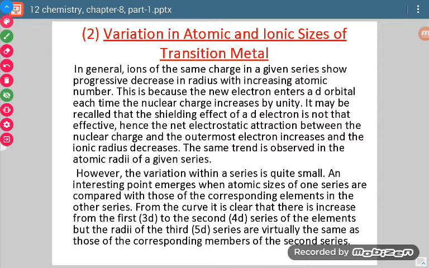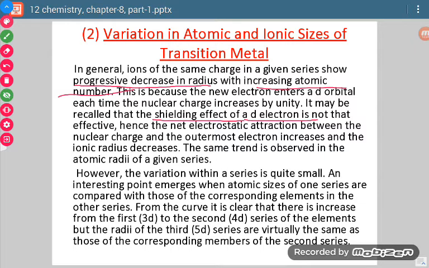Okay, now see, in general, when we start moving from left to right, what do we observe? We observe a decrease in radius with increasing atomic number. This is in general what we obtain. In this case, there is addition of electrons in the d orbital.